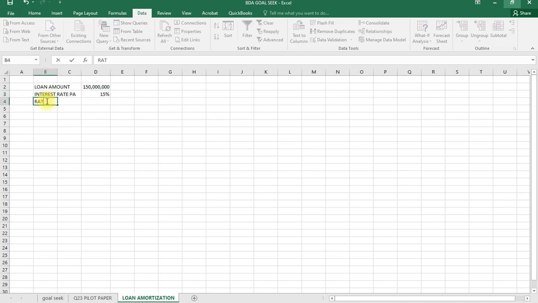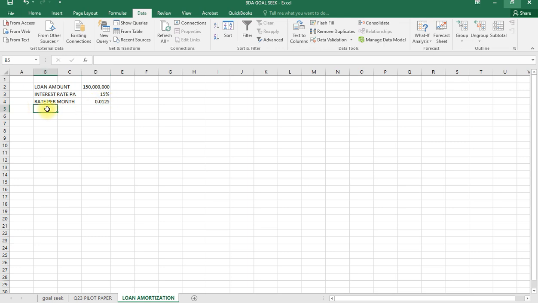Rate per month will be equal to the annual rate divided by 12, because per month is that 1.25%.